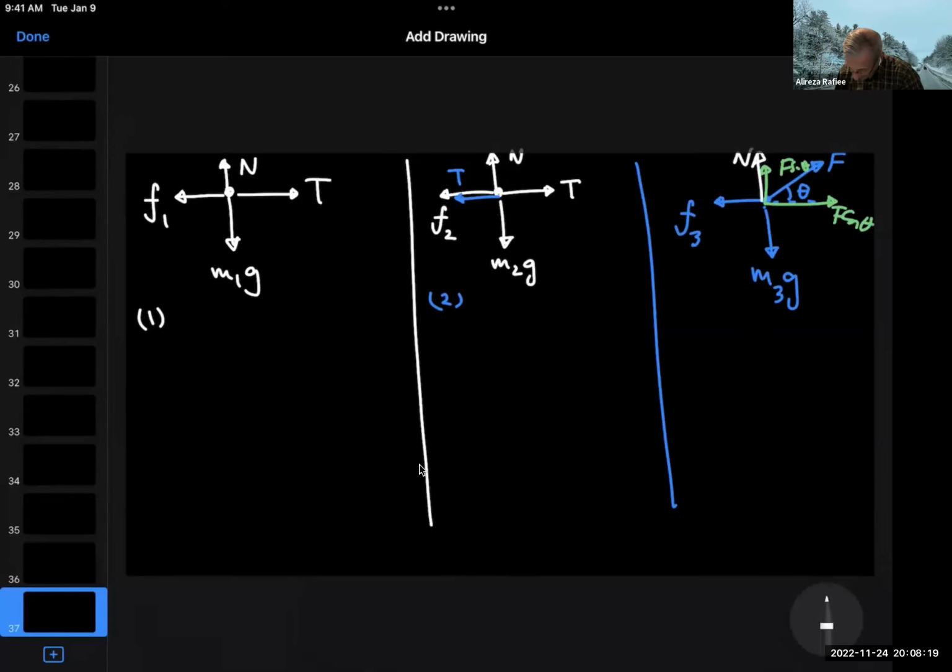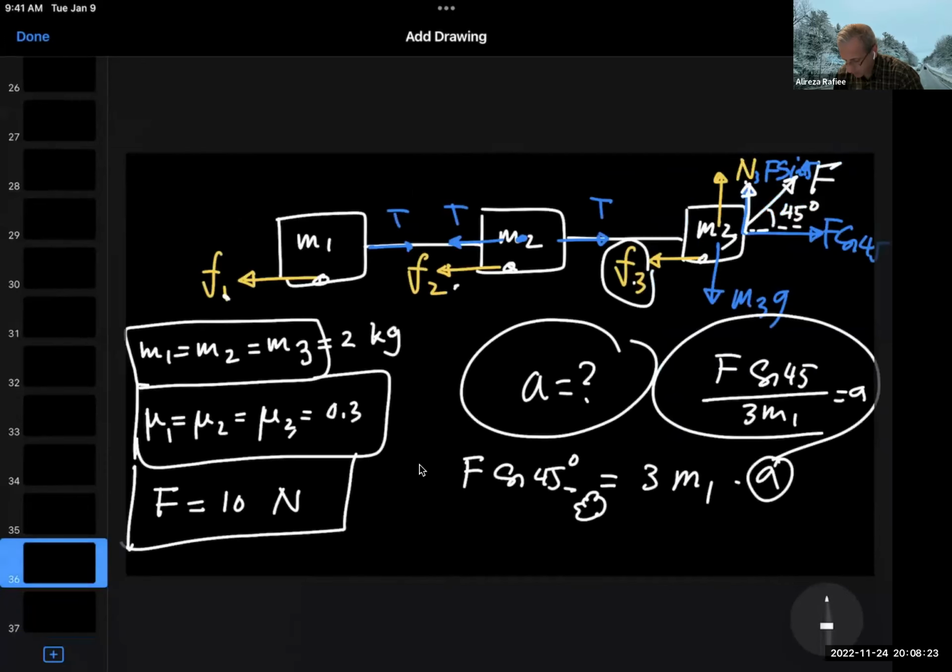Okay, now I want to go back to this. This is 3 to object 2. Look at object 2. Object 2 is pulled from one side and it's pulled from the other side. So there's two T's involved in it.